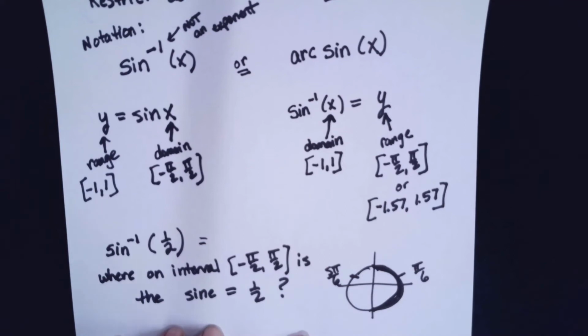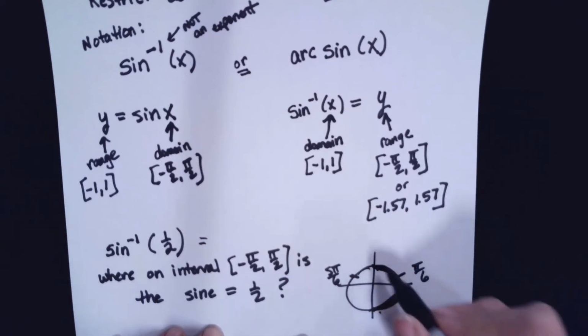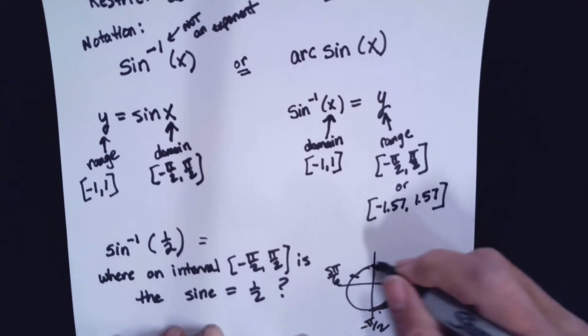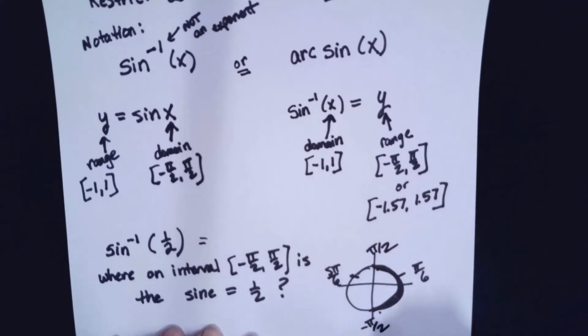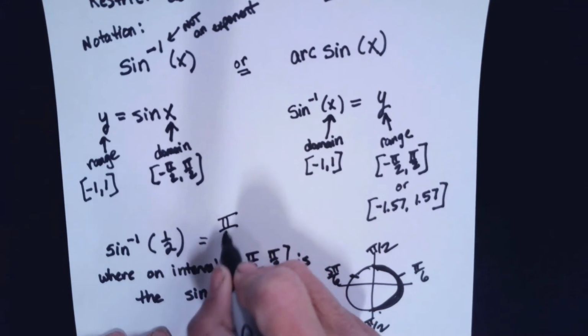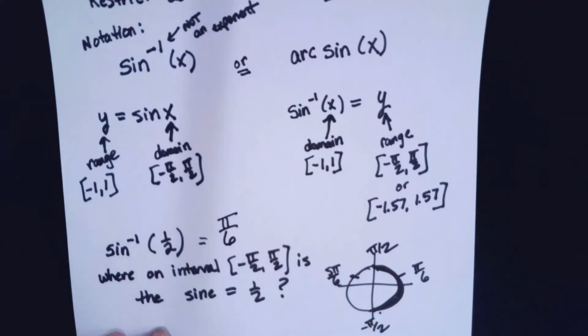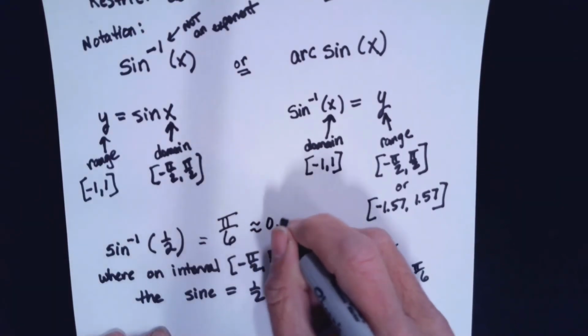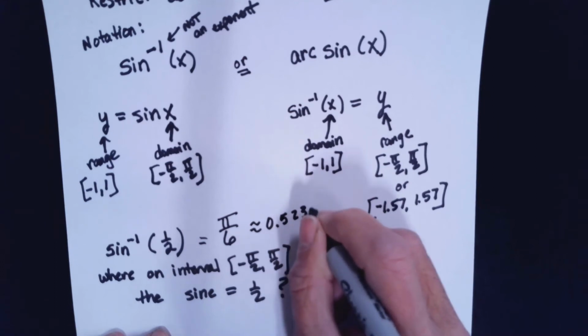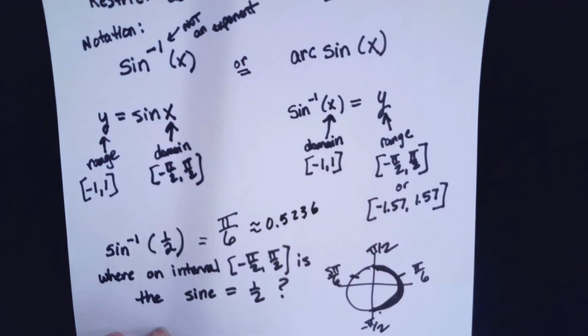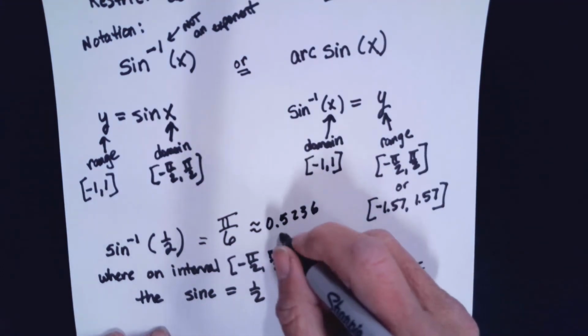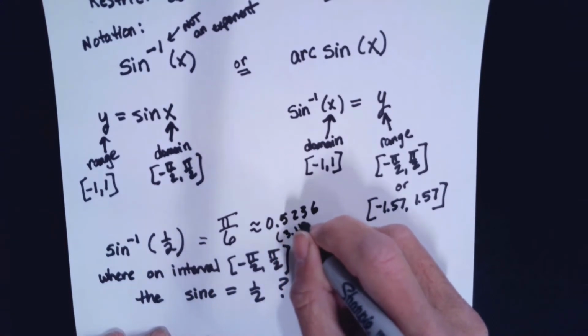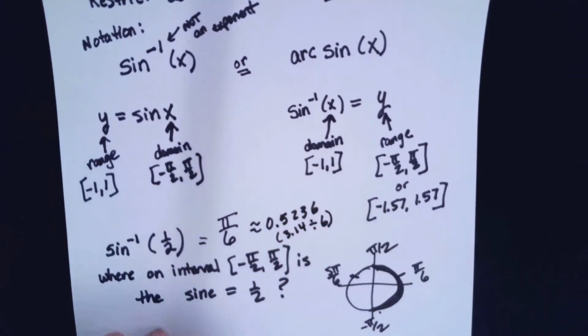So our answer here is going to be π/6, or approximately 0.5236 if we wrote that as a decimal, which would be about 3.14 divided by 6.